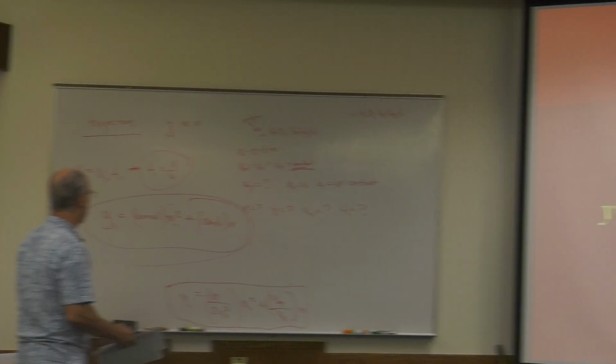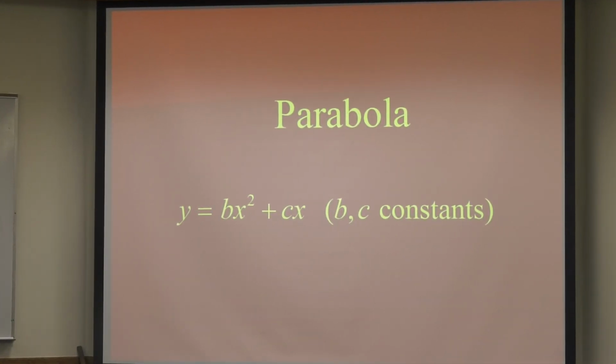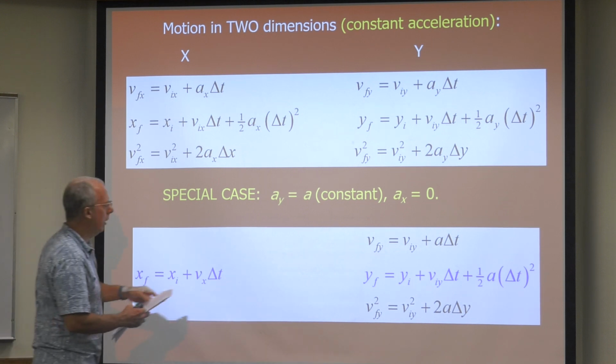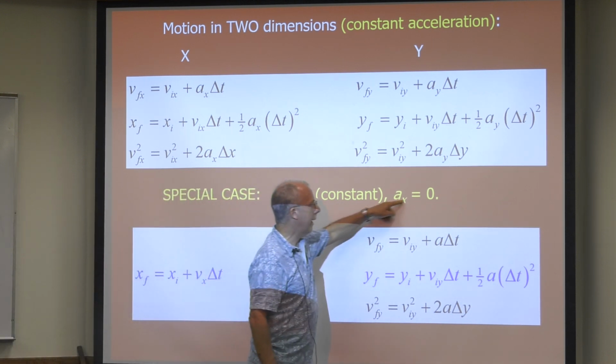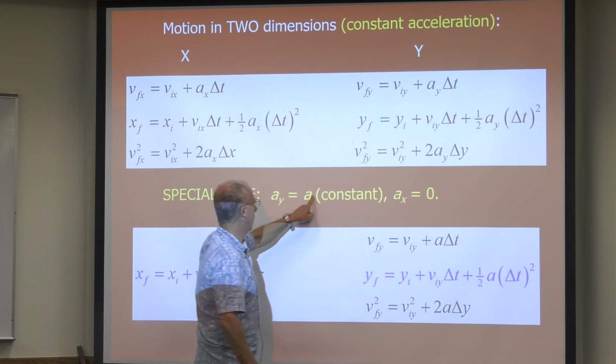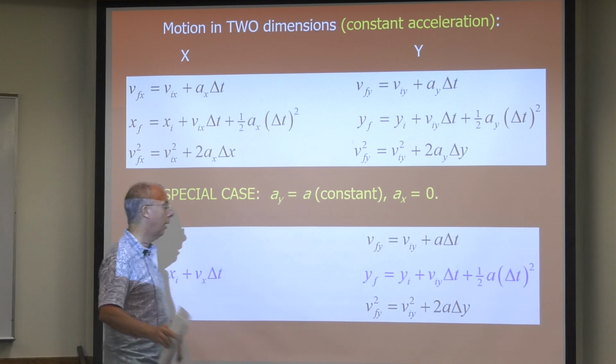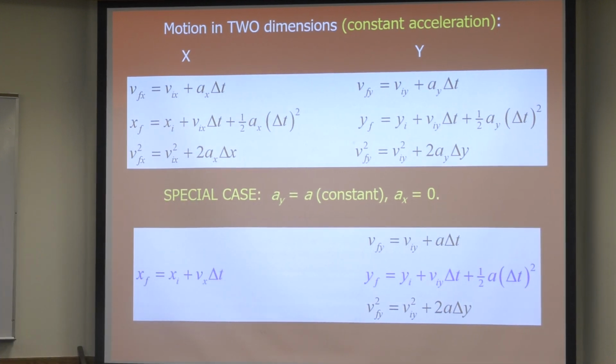So here you go, we just did a special case where ax is 0, so no acceleration along the horizontal. The vertical acceleration is constant, whatever it is, I don't care. And we just did y versus x.